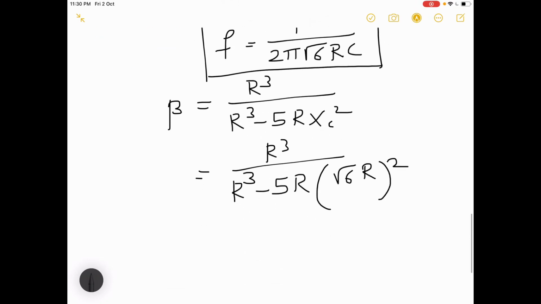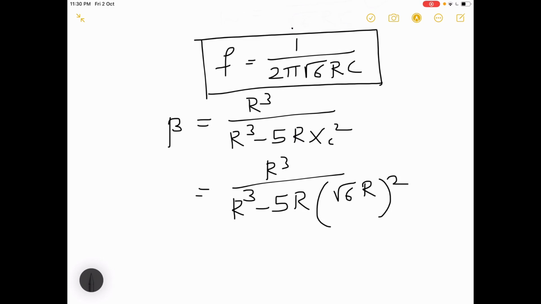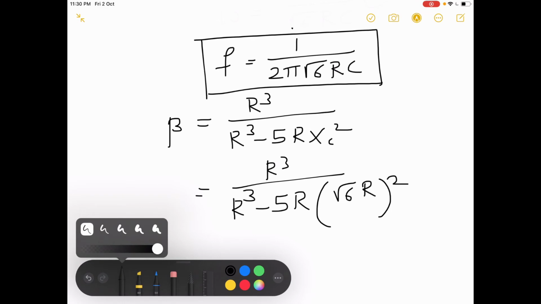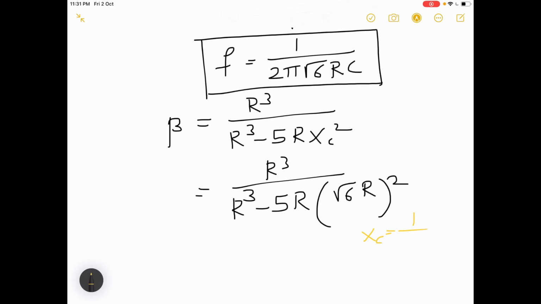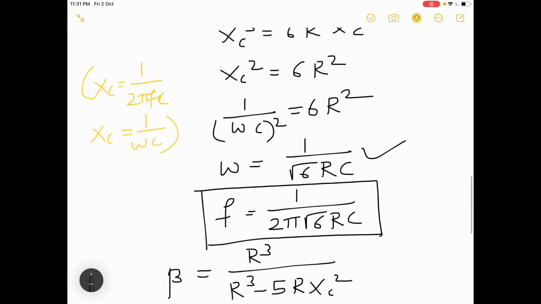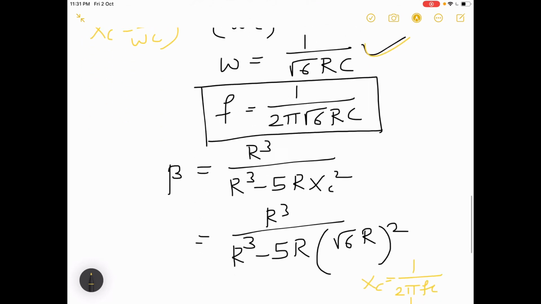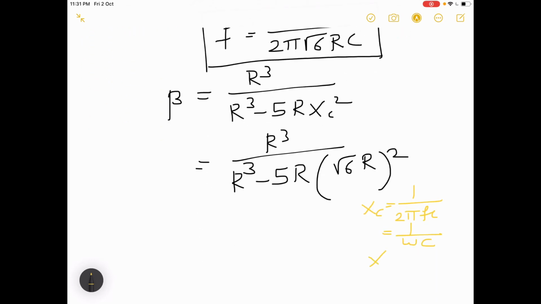So I am writing here in brackets as a note how it comes. Suppose Xc is equal to 1 upon 2 pi fC, so it will be 1 upon omega C. Now in this equation, omega is equal to 1 upon root 6 RC. So put the value here, and you will get Xc is equal to root 6R.